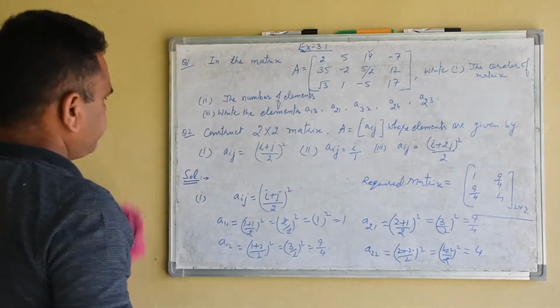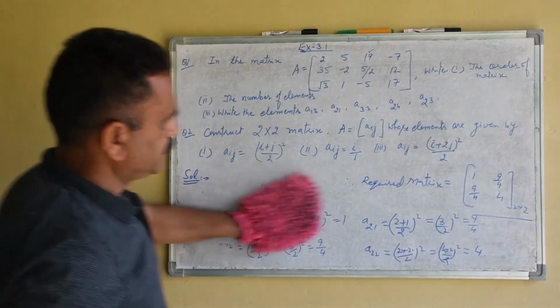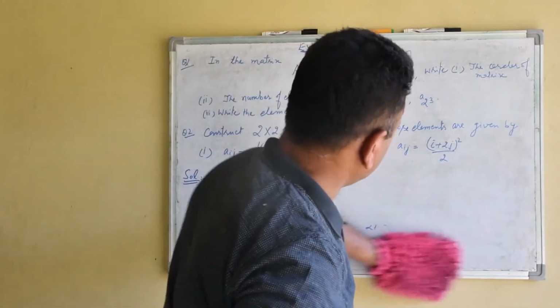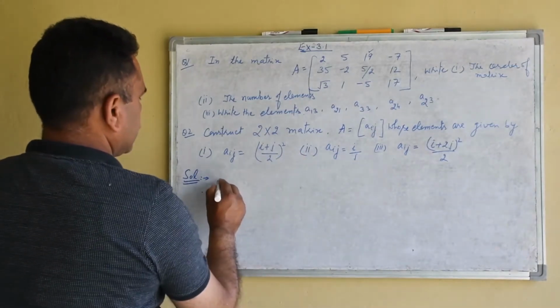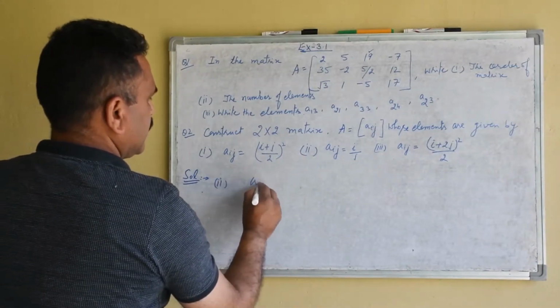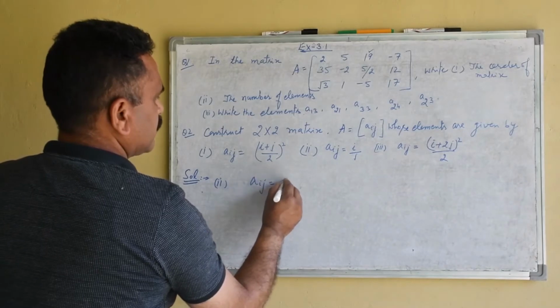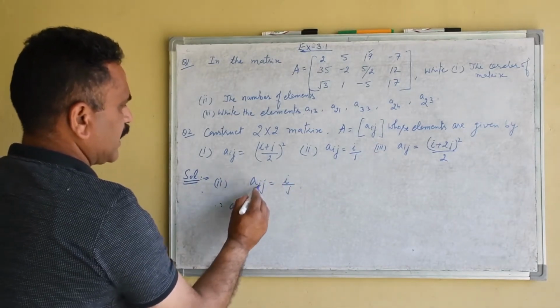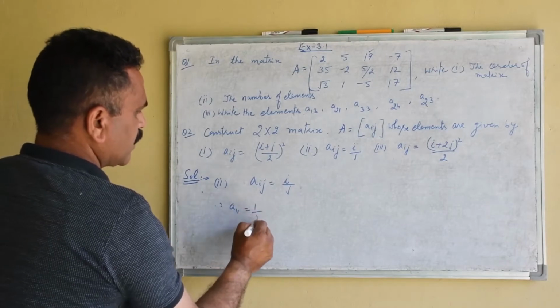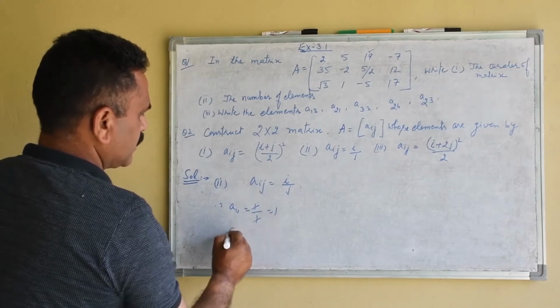So next, second part, aij is equal to I upon j. Therefore A11, I is 1, j is 1, 1 upon 1, that is equal to 1.